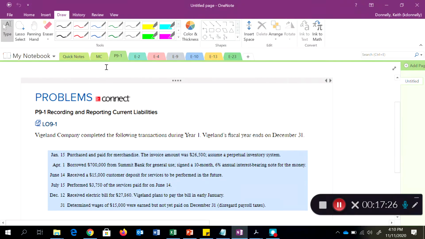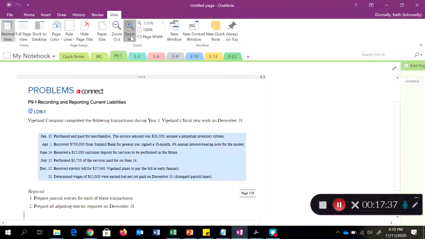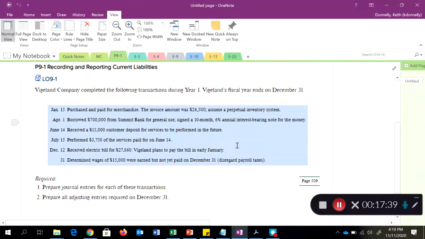So that was the multiple choice. Let's go through here and start looking at some problems. So these are going to be, like always, similar to the problems we do in the homework. So I'll read the facts here and then we can look at it. It looks like a company completed the following transactions during year 1.